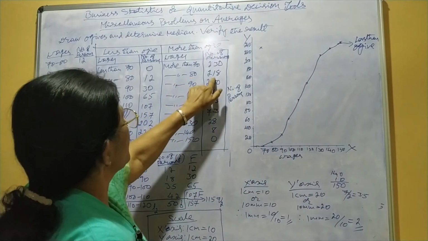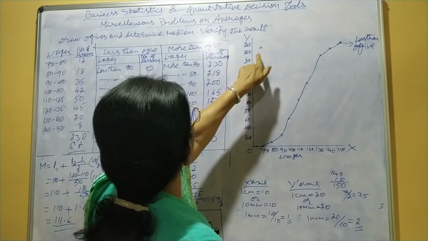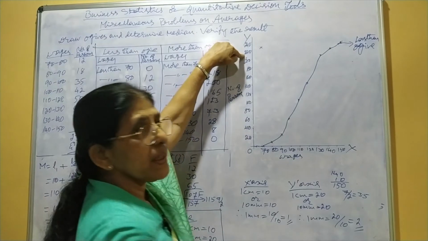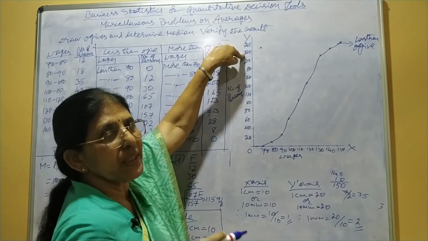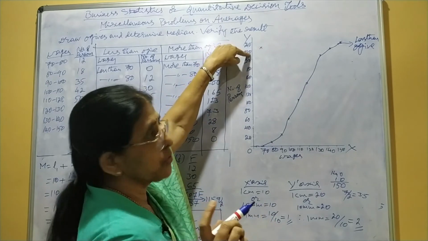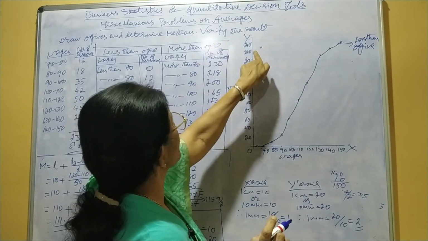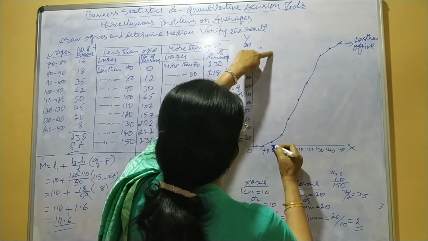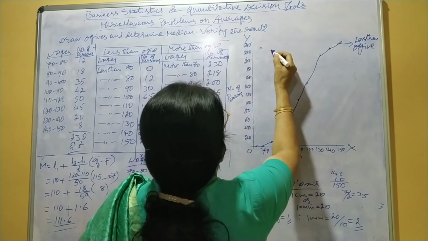More than 80, 218. 218 means 220 minus 2. Each millimeter counts 2. That means you have to take just 1 millimeter below 220, corresponding to 80.